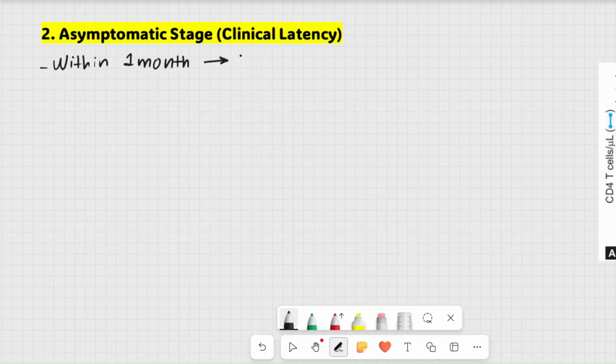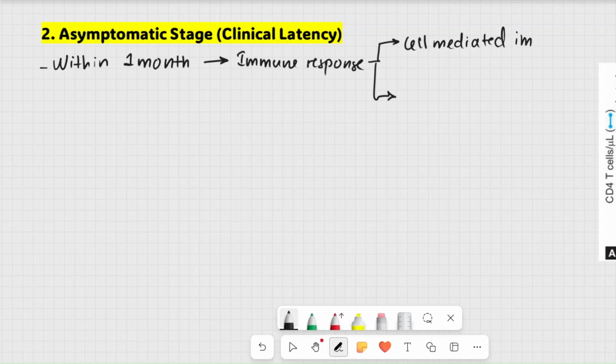Okay, so it will develop an adequate immune response, and this immune response is contributed by both the cell mediated as well as the humoral immunity, cell mediated immunity as well as your humoral immunity.